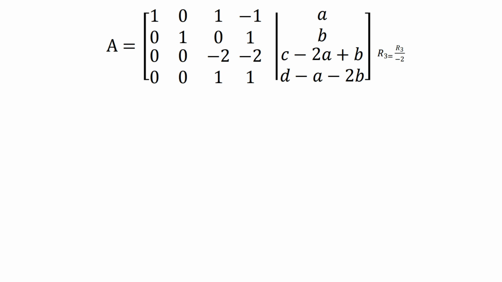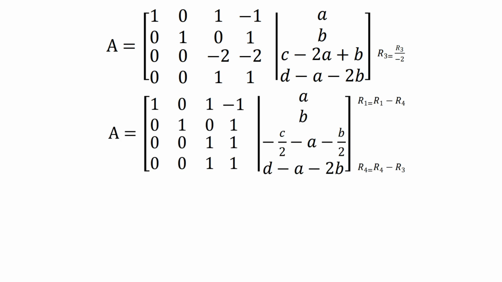Column 2, we have 0, 1, 0, and 0. Column 3, we have 1, 0, 1, and 1. Column 4, we have negative 1, 1, 1, and 1. And the last column, we have A and B, negative C over 2 minus A minus B over 2. It is because our row 3, which is C minus 2A plus B, is divided by negative 2.